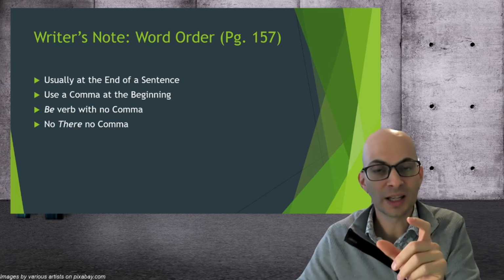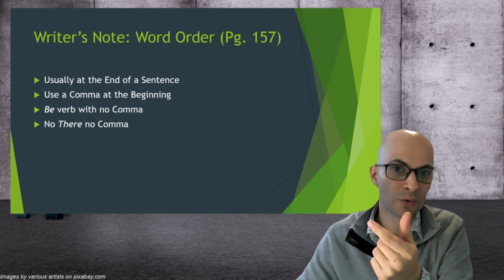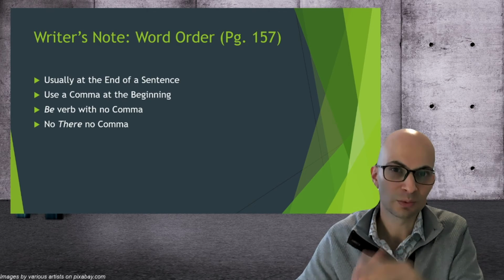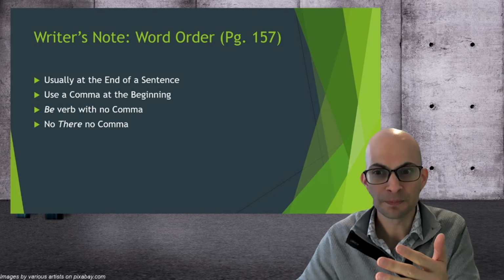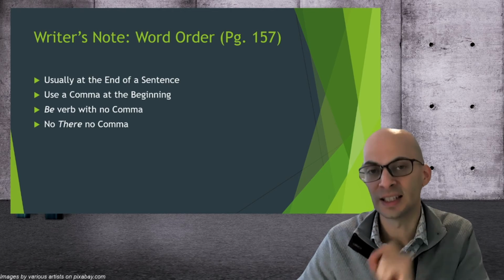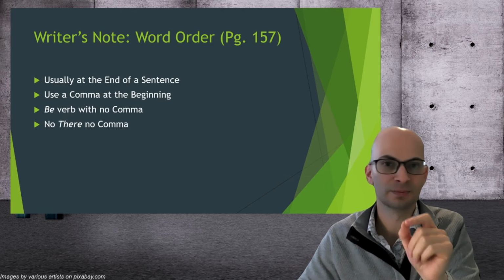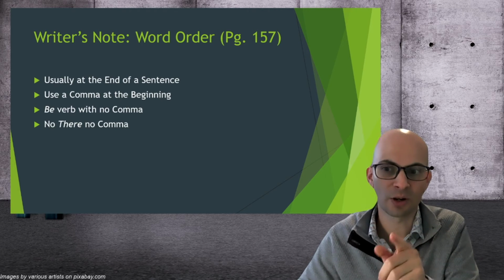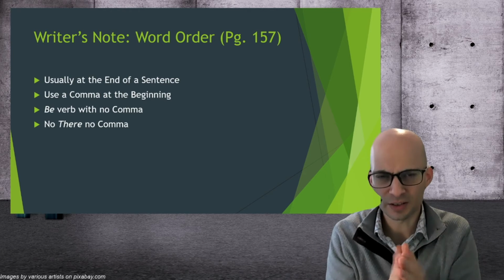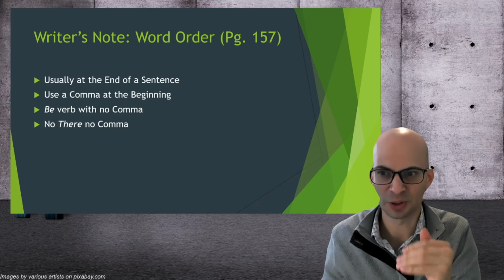Okay, we can switch that over by using a comma. In this case, we wouldn't use a comma because there's a be verb. But if I added on the red folder, there is a cell phone, then I would have a comma because of the there. But let's look at each of these a little bit more closely.